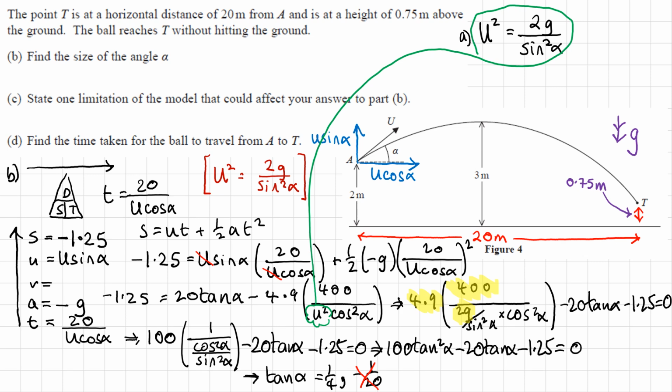But the other one does give us a value of alpha is equal to 14.0362 and so on. So I'll give that to 3 significant figures, or you could do 1 or 2 decimal places, totally up to you. So 14.0 degrees, and that is to 3 significant figures.